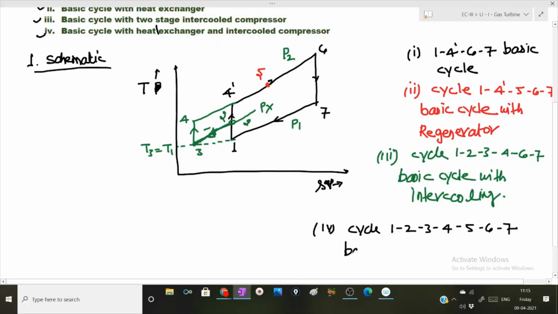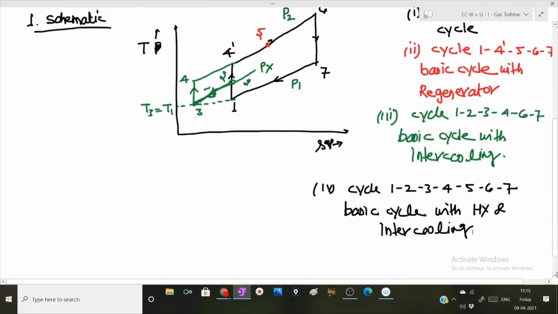This will be basic cycle with heat exchanger and intercooling. Okay, this way. Here you will get turbine work, WT.